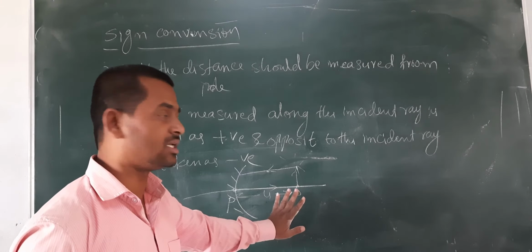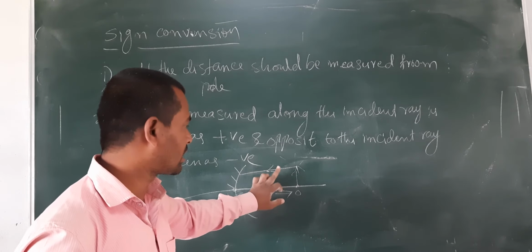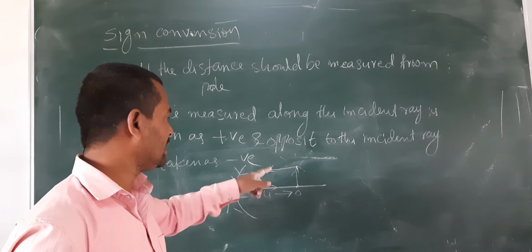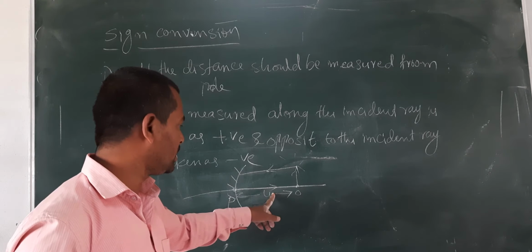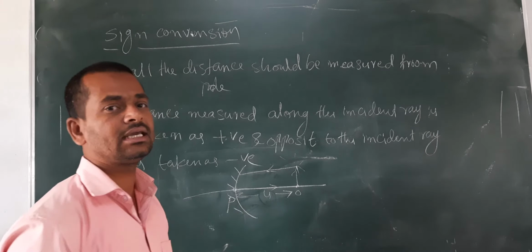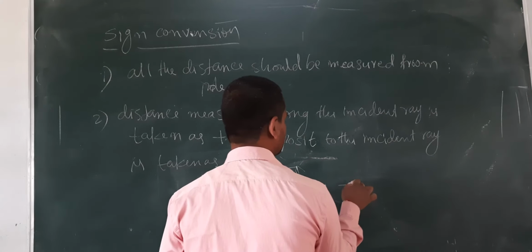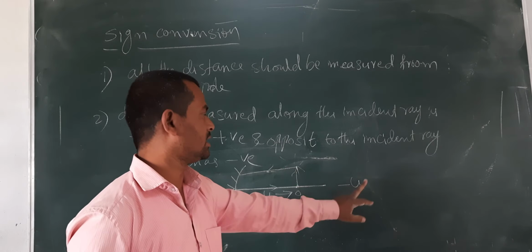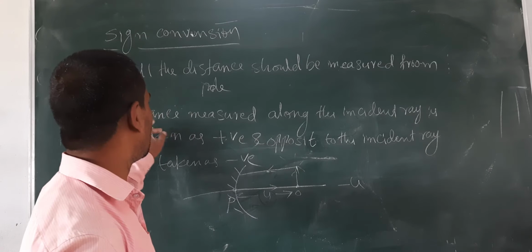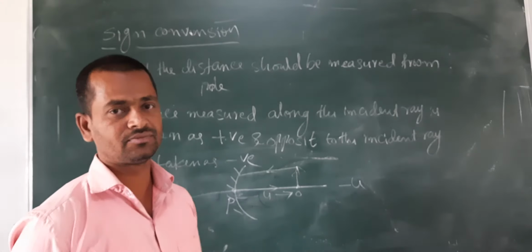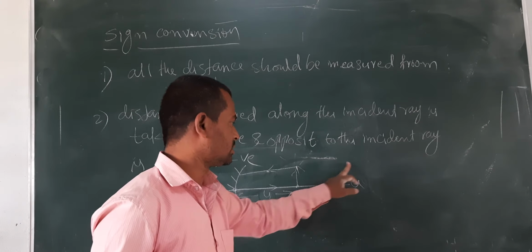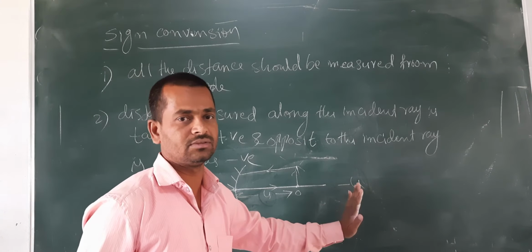But the rays are coming opposite to me. When incident rays are opposite to my direction, the distance is taken as negative. So opposite to the incident ray is negative, and along the same direction is positive. That is the reason we take it as negative or positive.